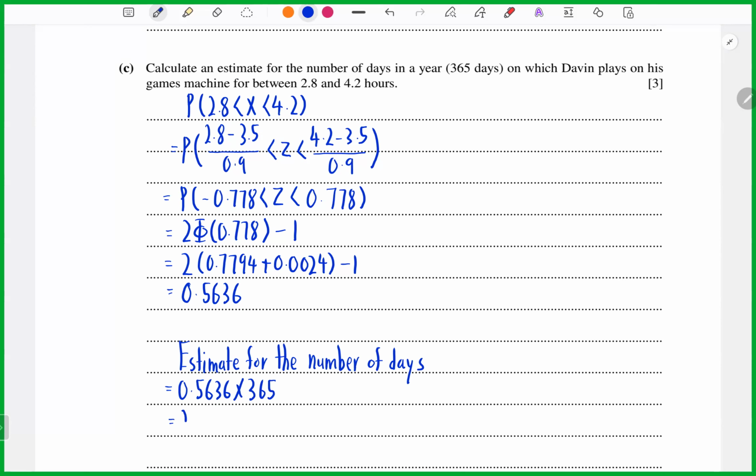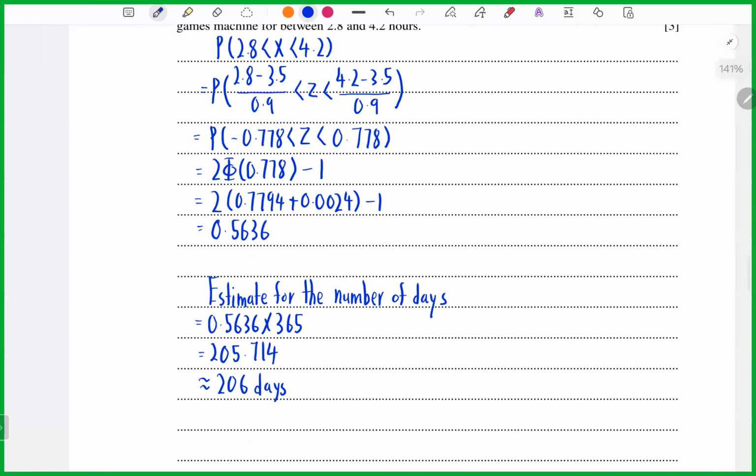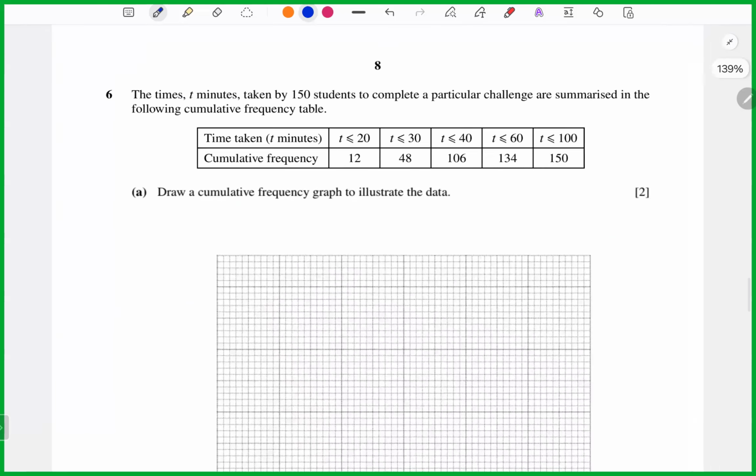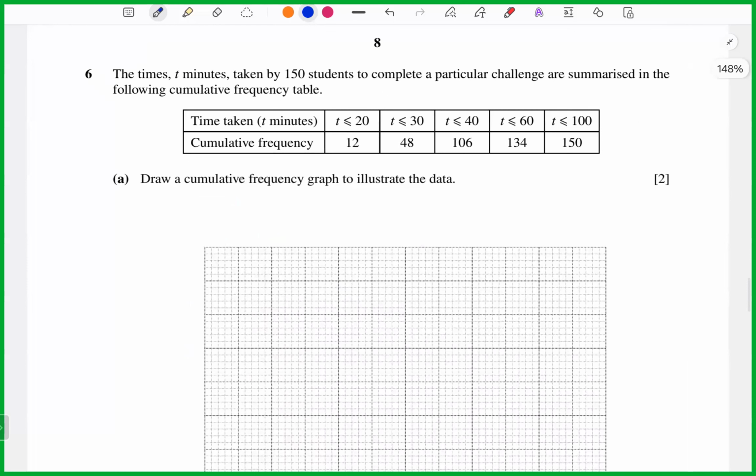So you will get 205.714, which I write as 206 days. So this is your answer. Now we look at the next question.